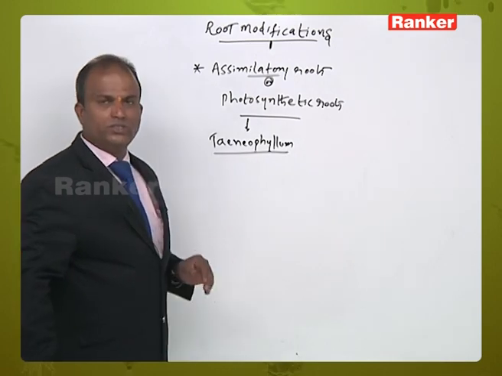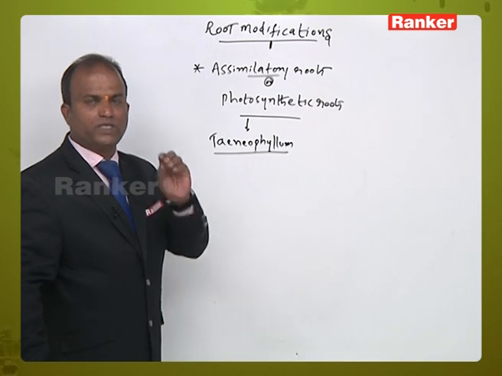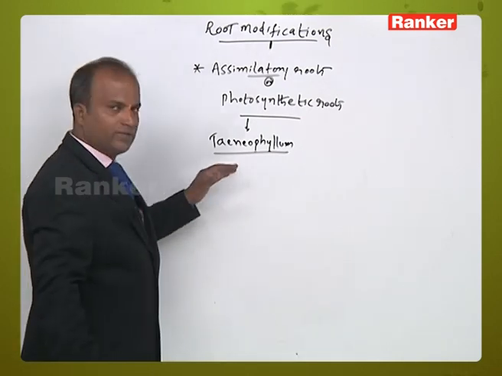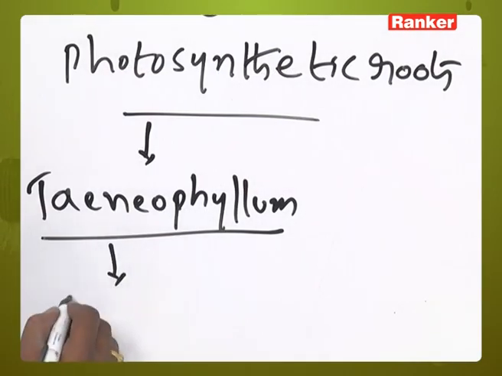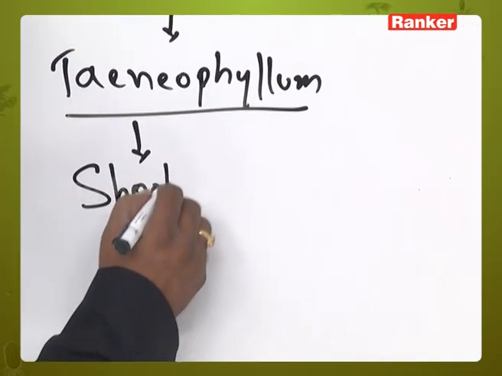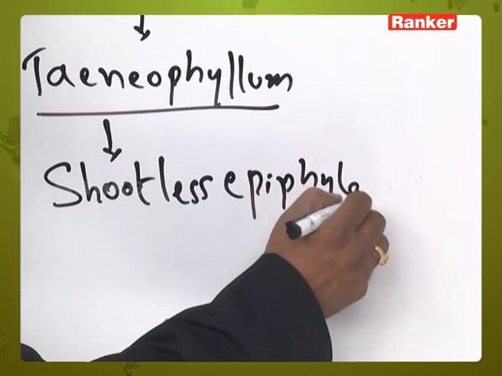Whether this Taeniophyllum shows a shoot system: it does not show a shoot system. That means Taeniophyllum is called a shootless epiphyte. Why?